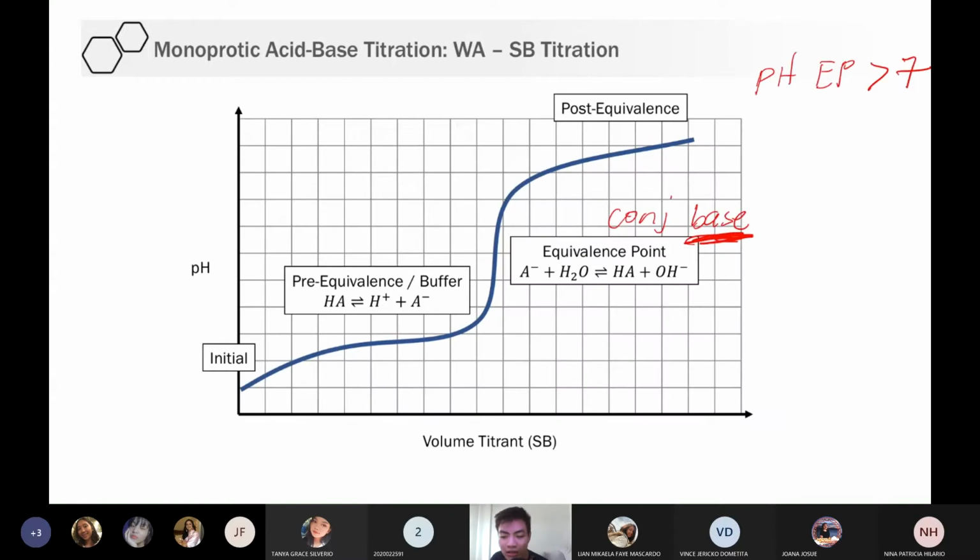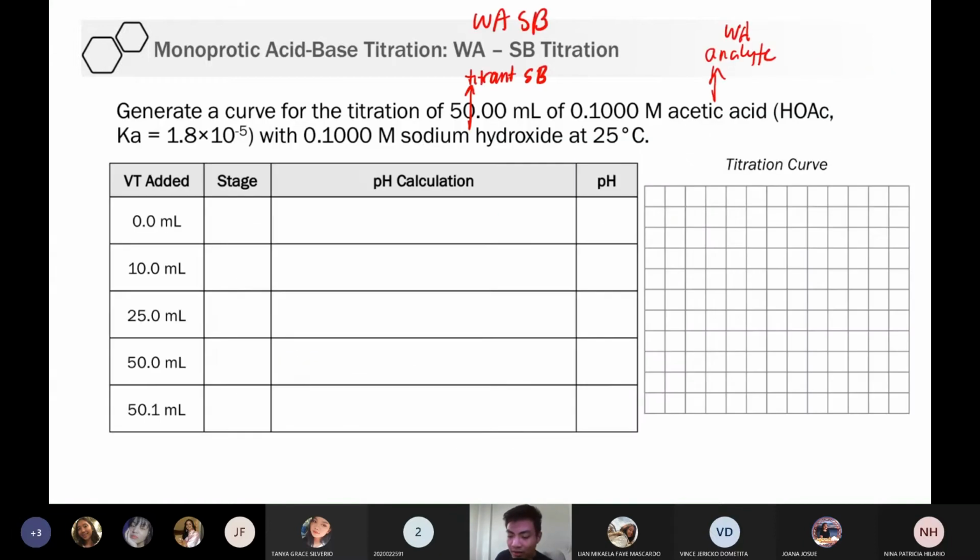Kasi 16 yung equations natin, ano yung combination doon na gagamitin mo? That can be determined when you identify your species present. Nauna to kaya analyte yon. Acetic acid is a weak acid, so WASB tayo.